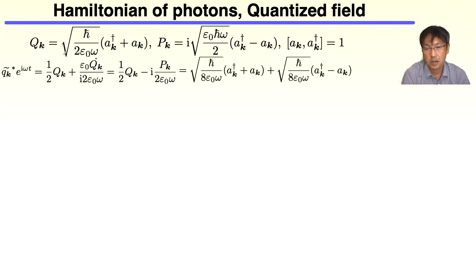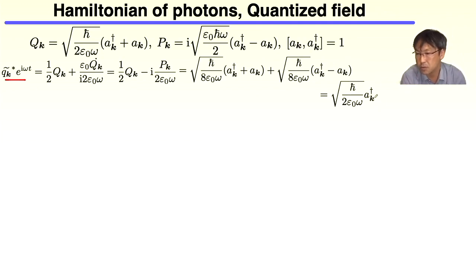Since large qk is a linear combination of ak dagger and ak, and also pk is given by the linear combination of ak dagger and ak, like this one, we obtained this result, and finally this quantity is proportional to the creation operator ak dagger.